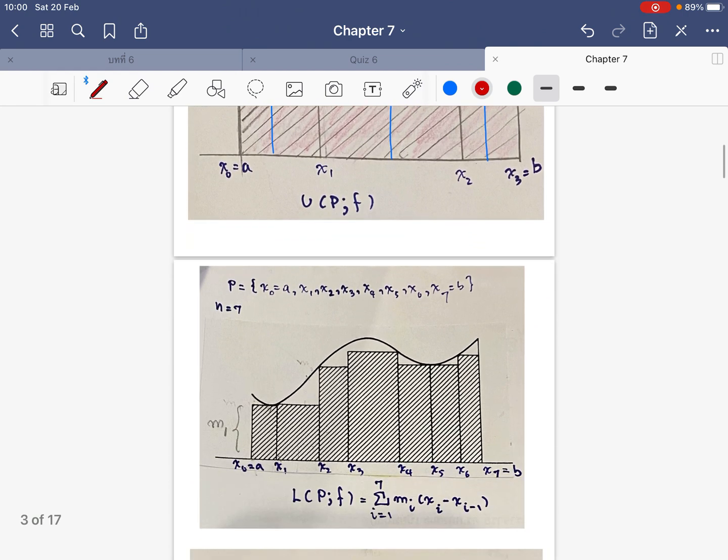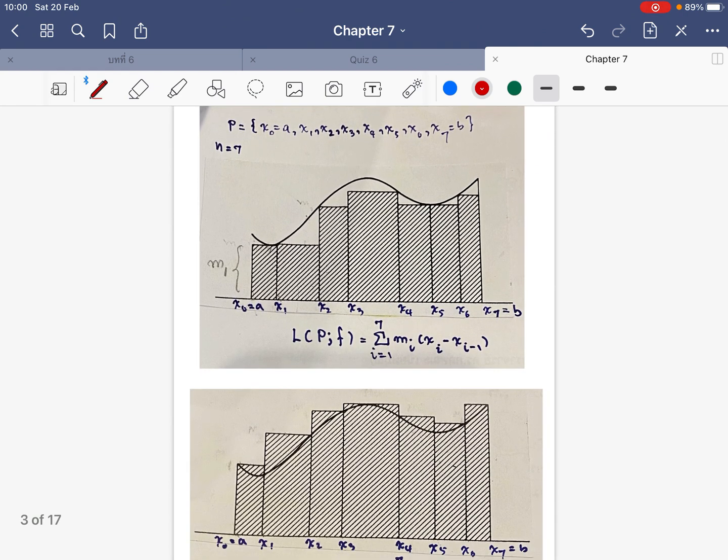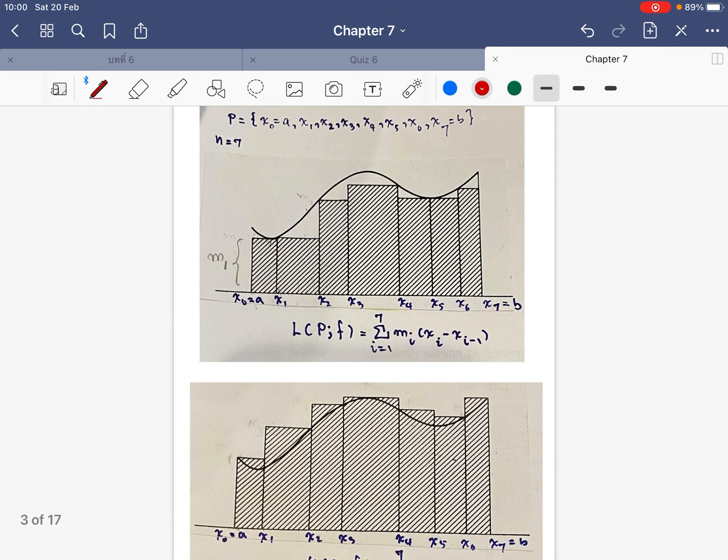So we expect that as you do a finer partition, for example, this one you do 1, 2, 3, 4, 5, 6, 7 subintervals, the lower sum and the upper sum for the new partition should be a better approximation of the area between the curve and the x-axis, okay.